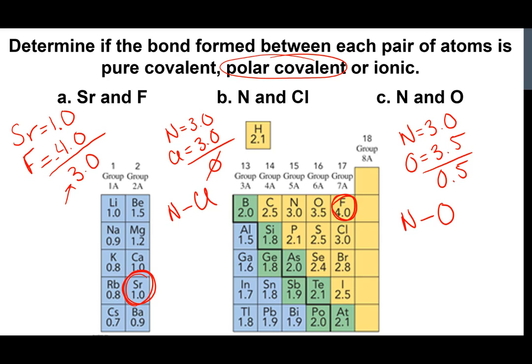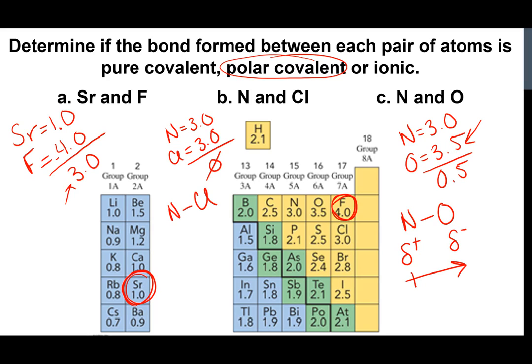But they're not sharing them equally. So in this case, who is big brother? Yeah, oxygen is big brother. So he has the higher electronegativity. So he's going to have the partial negative. And nitrogen, little brother, is going to have the partial positive. Or we could draw the dipole moment like this. So the arrow pushes towards the electrons.